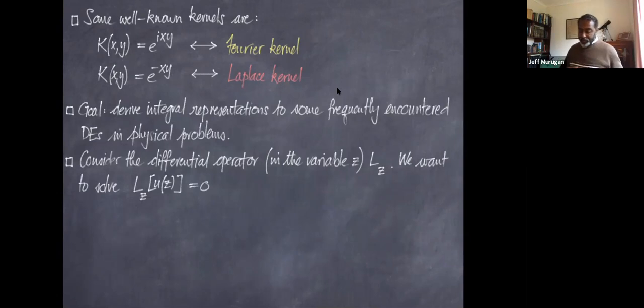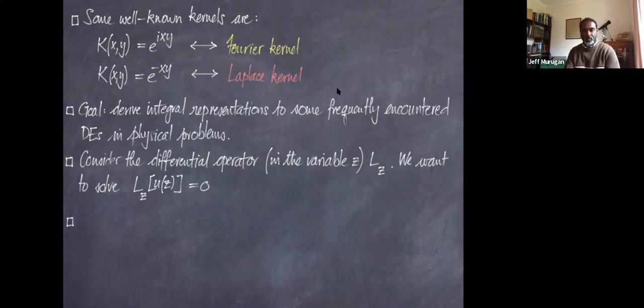So L_z could be d/dz, d²/dz², or 6 d²/dz² plus 3 d/dz acting on this function u equals 0. And I don't really care about the differential equations by themselves. I am interested in the fact that I can write this equation in the form L_z acting on u equals 0.